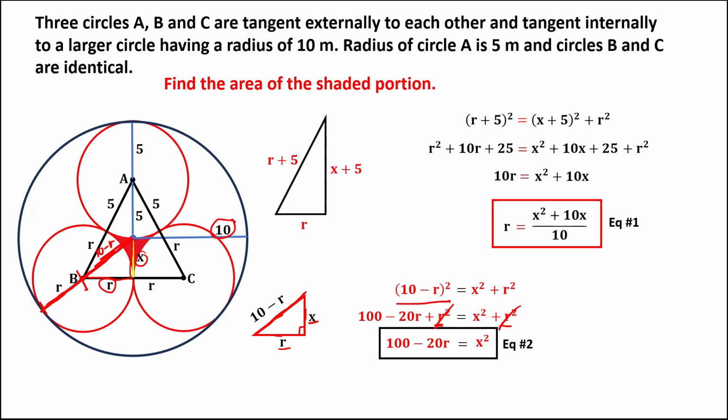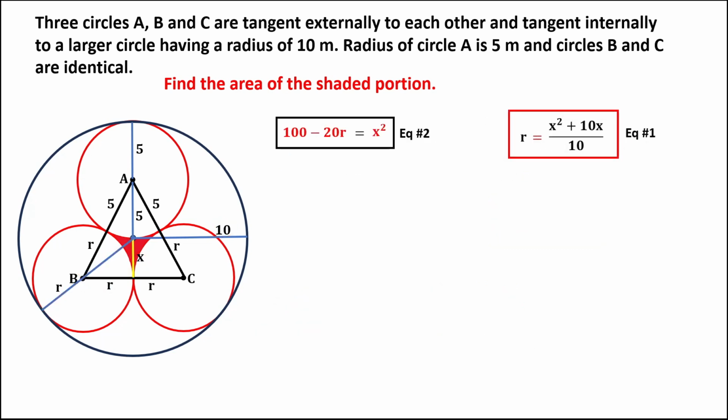Then we can combine these two equations. From equation number 2, we just need to replace this r by this equation. So from equation number 2, we have 100 minus 20 times r, and r is equal to x squared plus 10x over 10, then equals x squared.